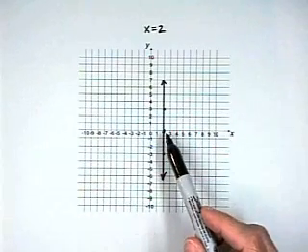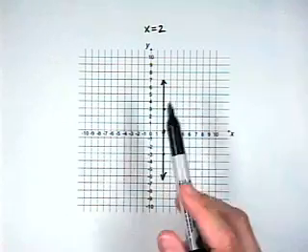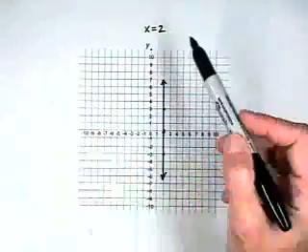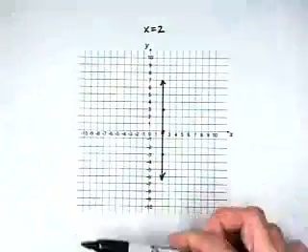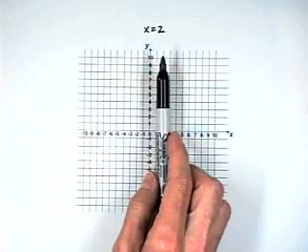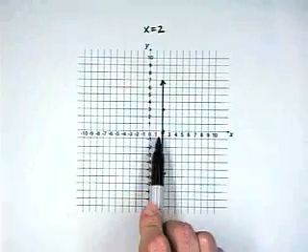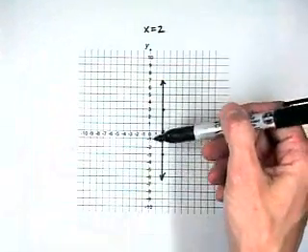Its x-intercept is 2. It has no y-intercept. Its domain is only the x value 2. Its range is all real numbers, and its slope, we say, is undefined. It moves 0 units in the x direction for any number of units in the y direction.